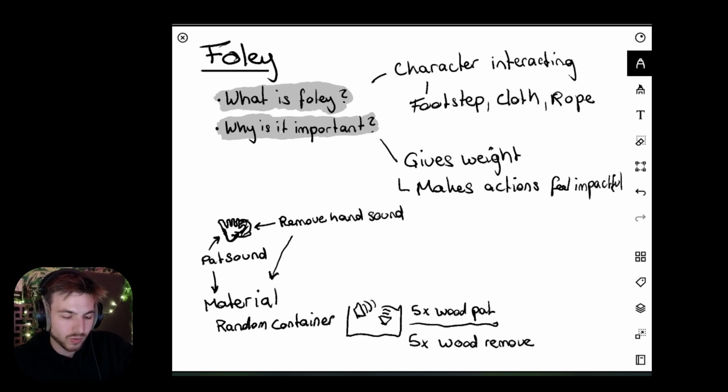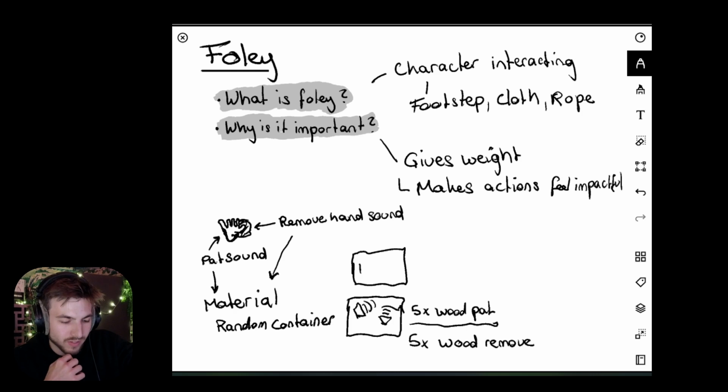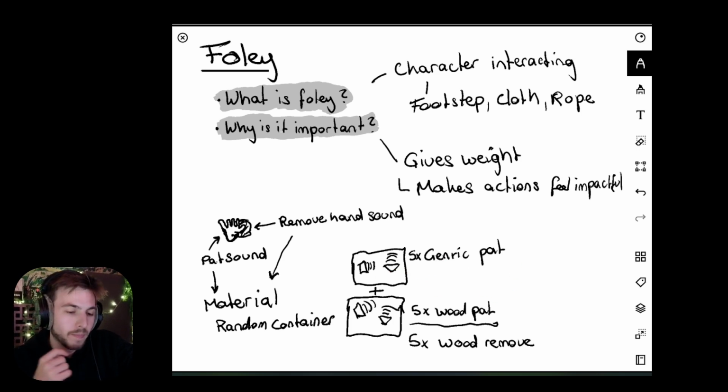Then we could also have multiple layers to this. So imagine that if you have a wood pat sound, and then maybe you also have a generic pat sound, which again has different sounds inside here. So we could have another 5 generic pat sounds. And then those are added up. So every time we press the button and the hand goes onto the wood, we get a generic pat plus a wood pat.